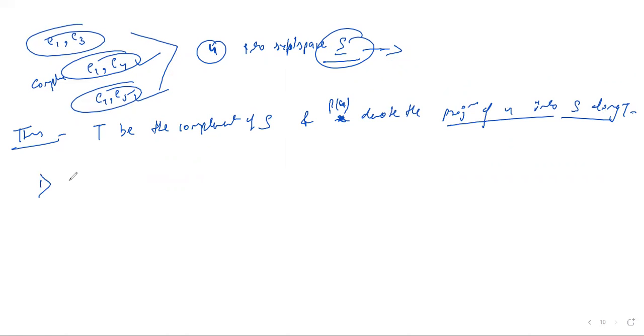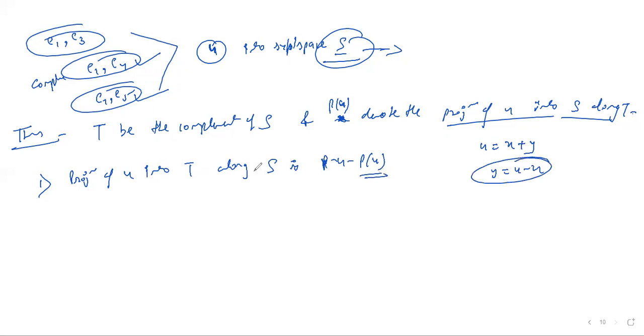Then the first thing is that the projection of U into T along S is U minus P of U. This is what we do: if I have U equals X plus Y, then Y equals U minus X will be the corresponding projection of U into T along S. The second is that U belongs to S if and only if P of U is equal to U. Why do we say this?